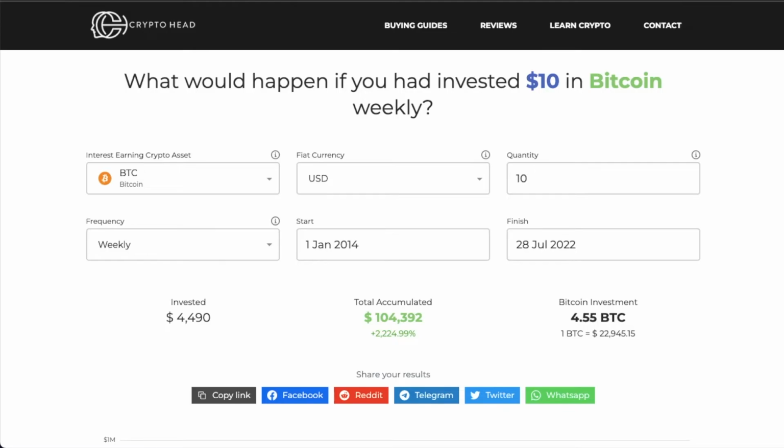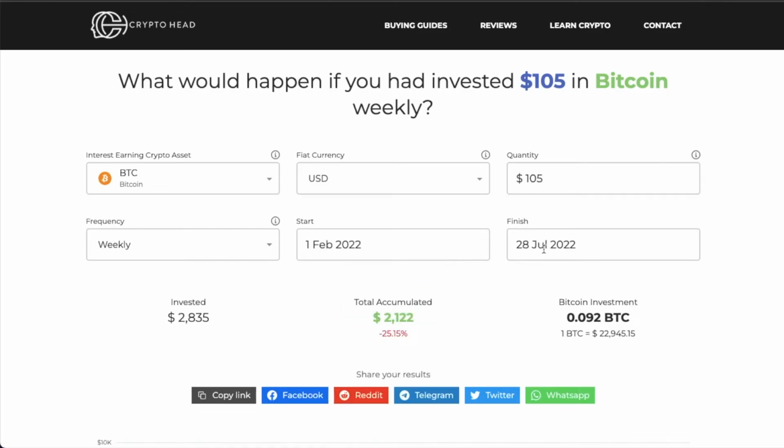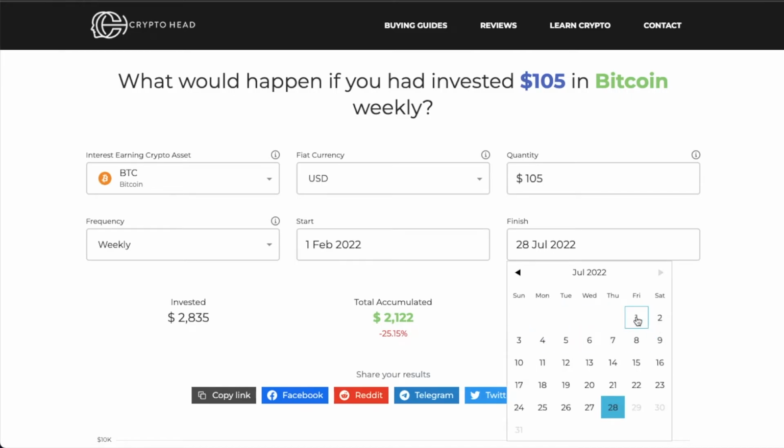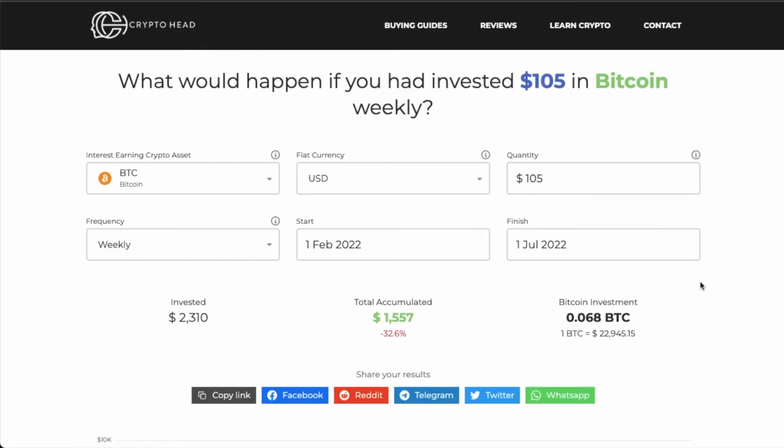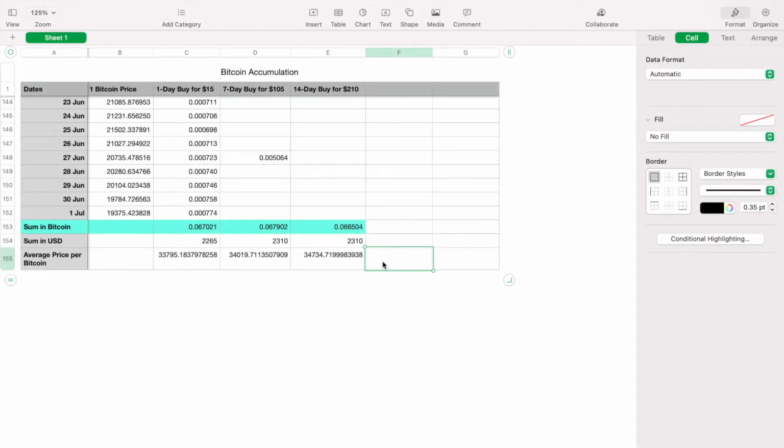When I replicate the setup that I had shown you in the Excel, buying, for instance, $105 worth of Bitcoin on a weekly basis, from 1st of February to 1st of July, I end up with a negative profit. My investment value is minus 32.6%. Recall that for the weekly investment, I had calculated my average cost to be $34,019, so it is natural for me to be in a minus now, because the current price of Bitcoin is much below $34K.